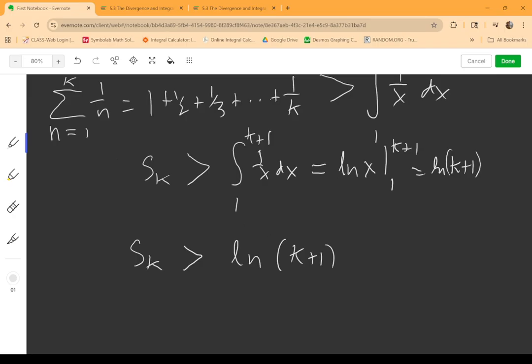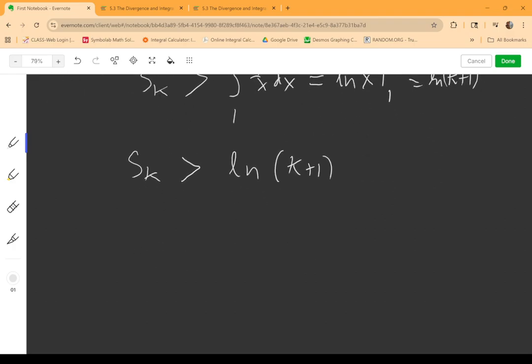If I let k plus 1 go to infinity, so if I take the limit as k goes to infinity of ln of k plus 1, ln is an increasing function, so as k goes to infinity, ln also goes to infinity.